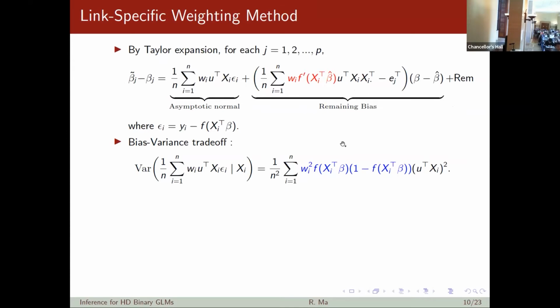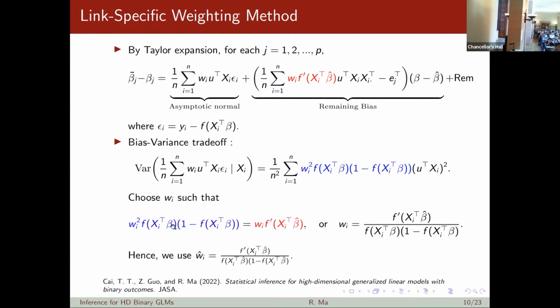The idea of choosing W and u is based on the bias-variance trade-off. Ideally, we want both the remaining bias and the asymptotic variance to remain small. But usually there is a trade-off, and it turns out that the best way to keep a balance between these two parts is by equalizing the red term in the remaining bias and the blue term in the asymptotic variance.